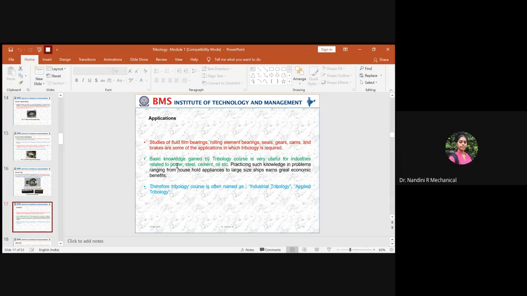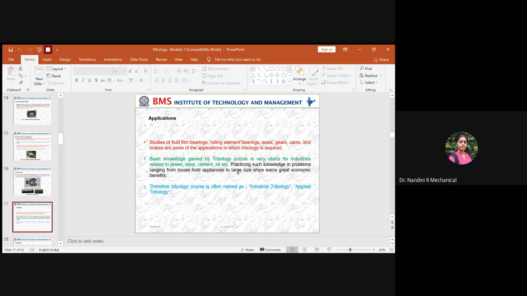So the basic knowledge you gain from the tribology course is very useful for industries related to power, steel, cement, oil, etc. If you go to any company related to power, steel, cement and oil, obviously you should be thorough with this subject, tribology. It will help you very much when you go as an engineer to the industries in these allied sectors.